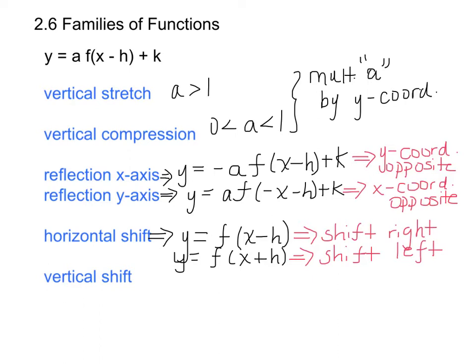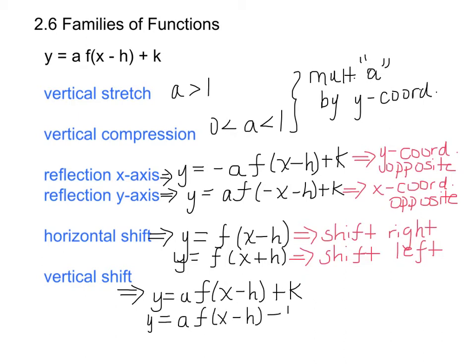And h again will tell you how many units to move left or right. And then the last one is the vertical shift. I'll just write all of it. A, f of x minus h plus k. And then I'll do this one. It's minus k. Okay, the k value shifts your graph up or down.